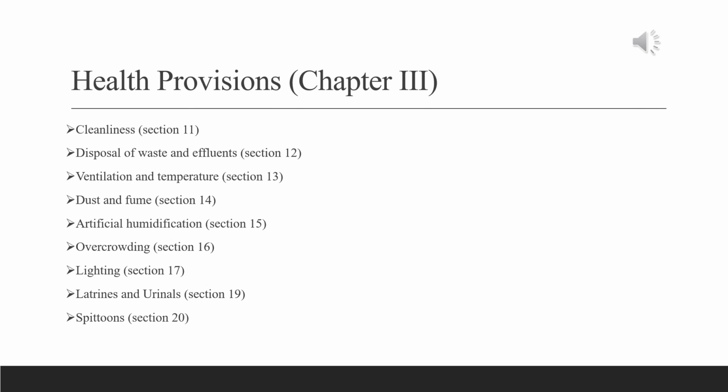There should also be safe drinking water supply for the workers and also urinal facilities to be provided to the workers at the time of the work. There should be separate urinal facilities for both male and female, and every factory should have a sufficient number of spittoons placed at a convenient place and they should be cleaned regularly.